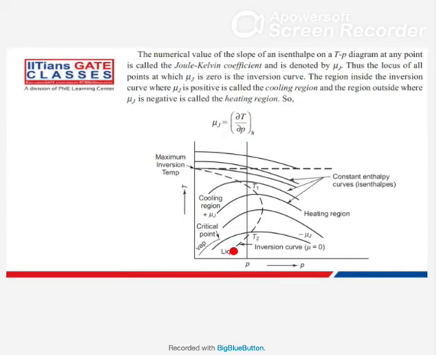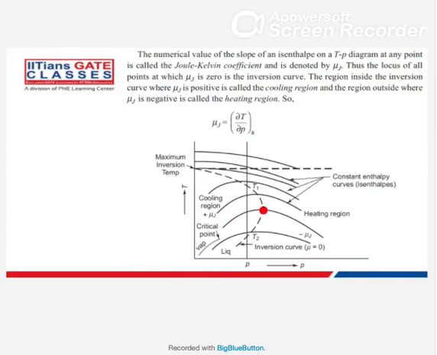So what this inversion curve does, it is dividing the region into cooling region and heating region. Cooling region means, if I take this particular point, if my initial condition is somewhere here and I am expanding, then I am sure that the temperature will increase. And if my initial condition is here, and I am expanding, meaning reducing the pressure, the temperature will reduce, definitely.